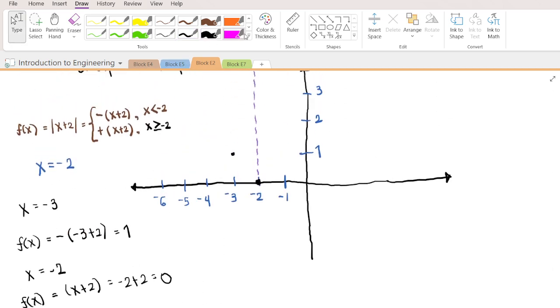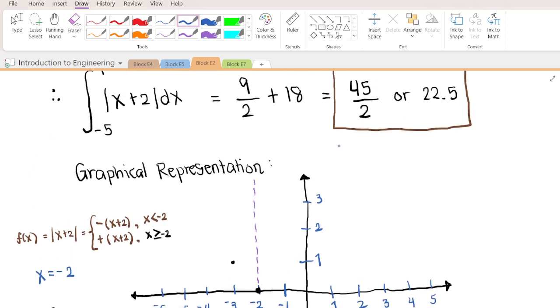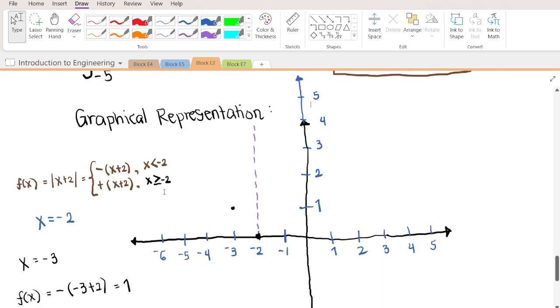Let us write that one here: 1, 2, 3, 4, and 5. But we need to have 4 and 5 here, so let's connect 4 and 5. So if x is equal to 3, then our y is 5 there.